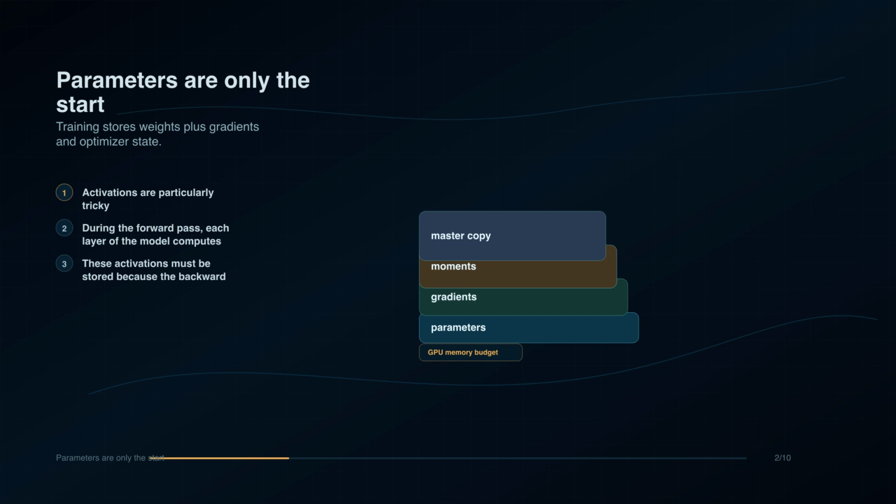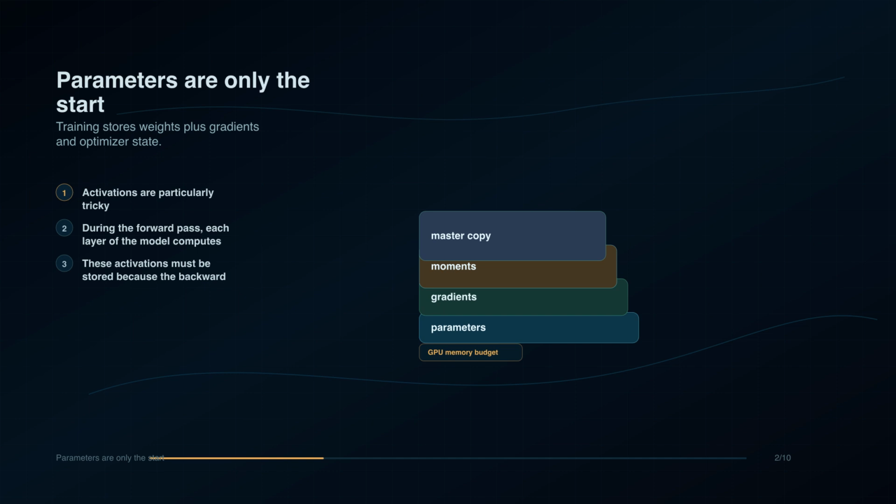Activations are particularly tricky. During the forward pass, each layer of the model computes intermediate values: hidden states, attention scores, layer normalization statistics. These activations must be stored because the backward pass needs them to compute gradients.